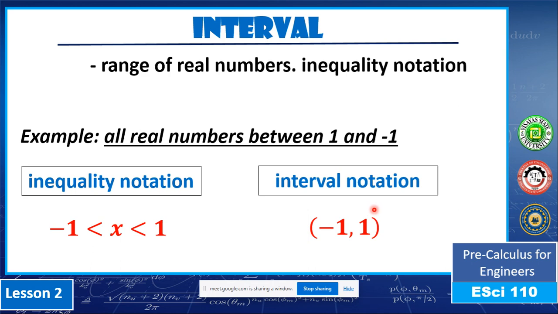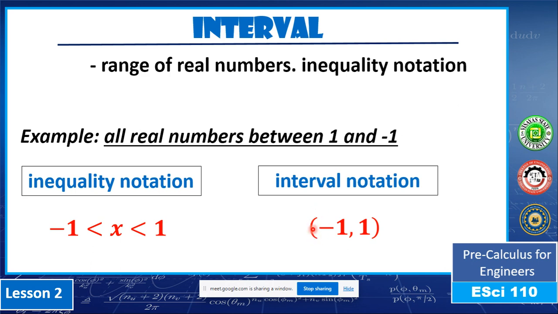But take note, in the interval notation, we have rules. This is not just a simple parenthesis because there are also other forms. When you use parentheses, these are open intervals, meaning the endpoints are not included. In other words, in inequality notation, these are strict.